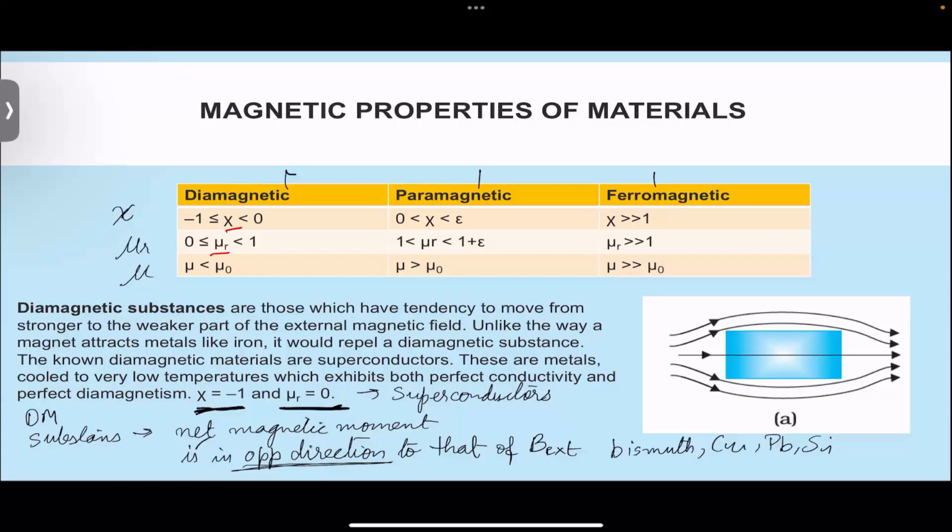Diamagnetic substances tend to move from stronger to weaker parts of the external magnetic field.